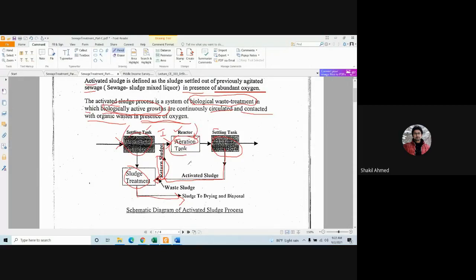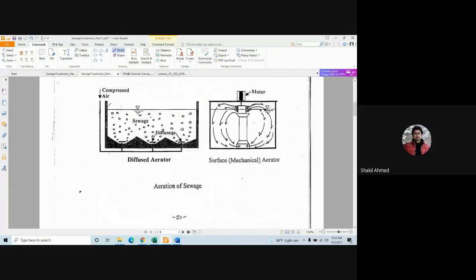This is the aeration tank. You can see these bubbles are the air. Like in an aquarium, you disperse air into the water. These are the bubbles, the air.